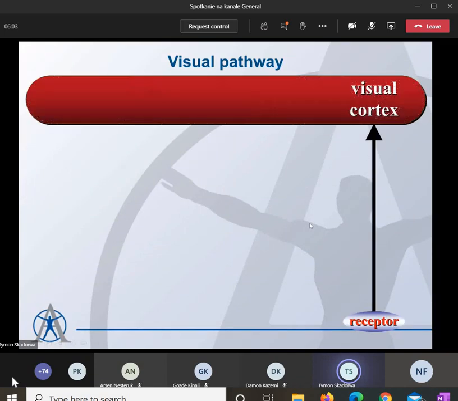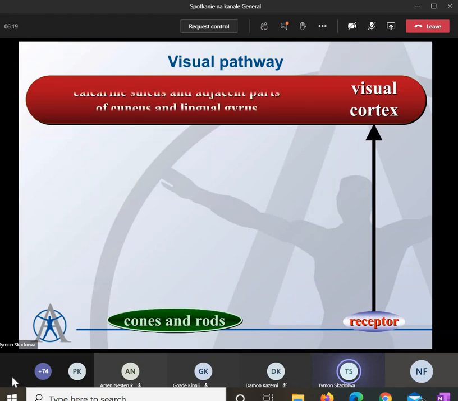So first of all, the visual pathway starts in the receptor which reacts to the visual stimulus, and these are rods and cones, right? And it runs to the visual cortex, and the visual cortex is near the calcarine sulcus and adjacent parts of the cuneus and lingual gyrus. So in fact, the visual pathway runs from the eyeball toward the occipital lobe. Everything starts in the cones and rods.